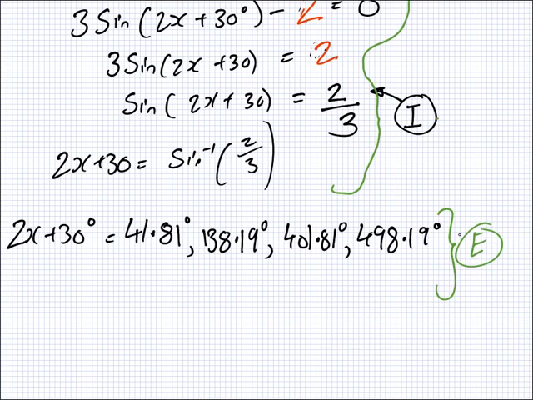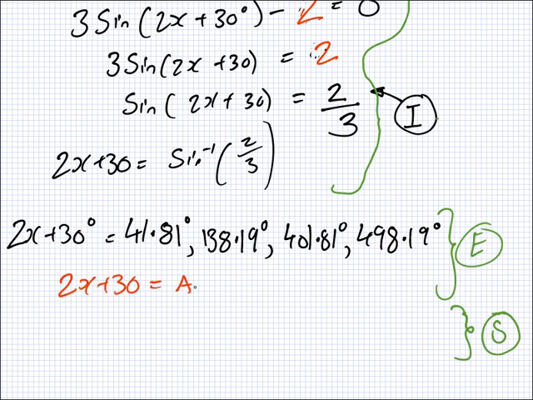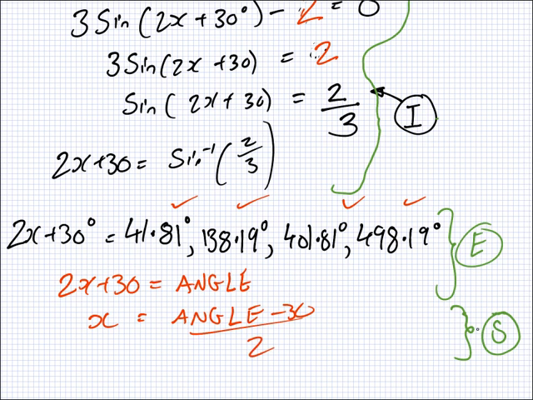Now, the next step is the simplifying step, where you deal with the 2 and the 30 to simplify it to x. So just to make it clear, if you had 2x plus 30 equal to an angle, and we have 4 angles here, then what would you simplify x to? It would be the angle minus 30, over 2. This is the simplifying step. Let's simplify the 4 angles now.